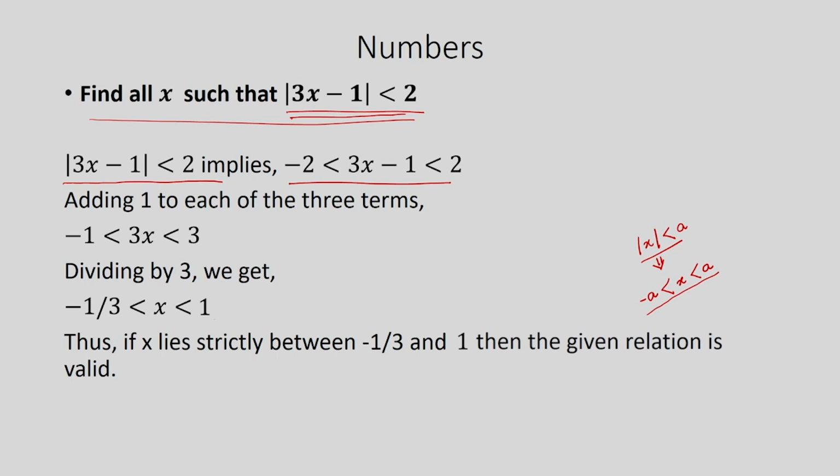Take an example, suppose a is equal to 2. Now, modulus of x less than 2 means that even if x is equal to minus 1, what is modulus of minus 1? It is equal to plus 1, right. So, minus 1 will also satisfy this relationship that modulus of x is strictly less than 2.